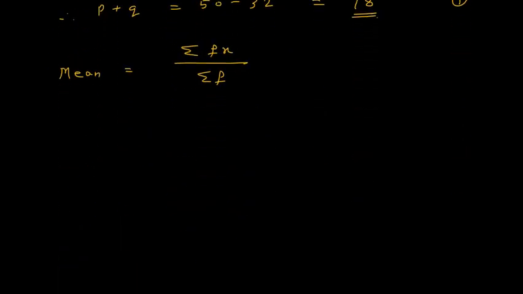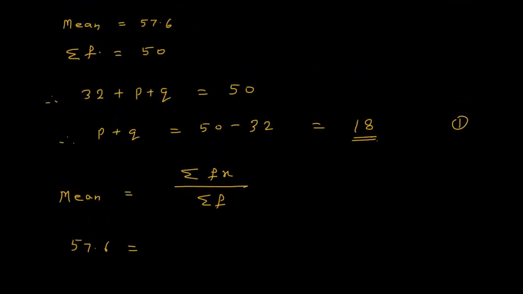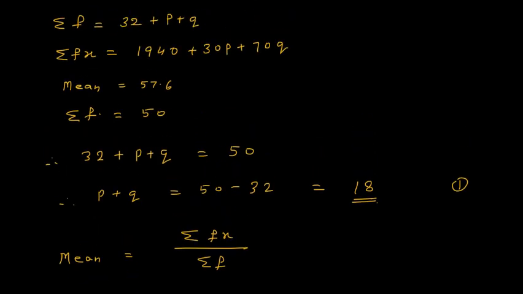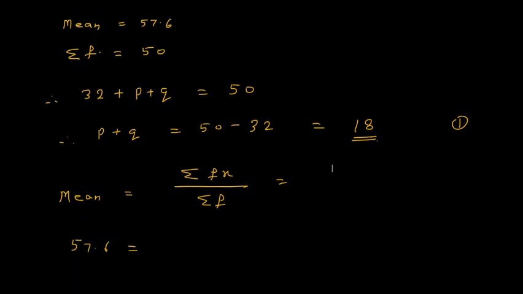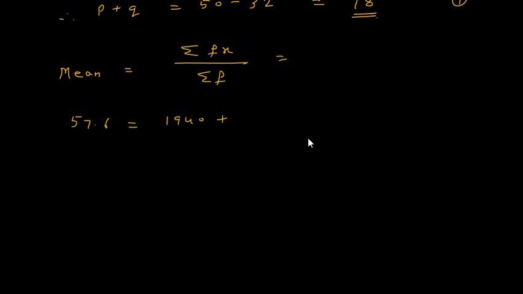So 57.6 is equal to summation of fx, which is 1940 plus 30P plus 70Q, divided by the total frequency, which is 50.